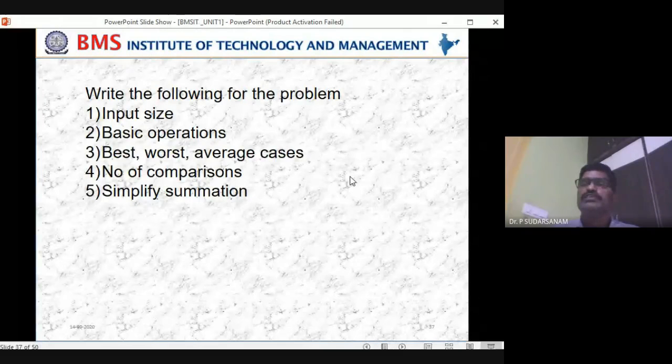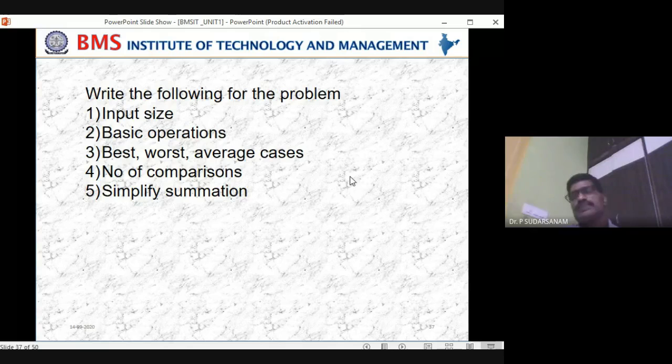If t1 of n belongs to O of g1 of n and t2 of n belongs to O of g2 of n, then t1 of n plus t2 of n belongs to O of the maximum of g1 of n, g2 of n. I also told you how to prove that.